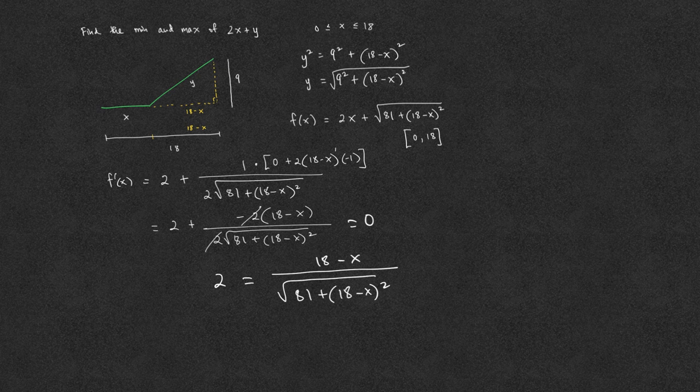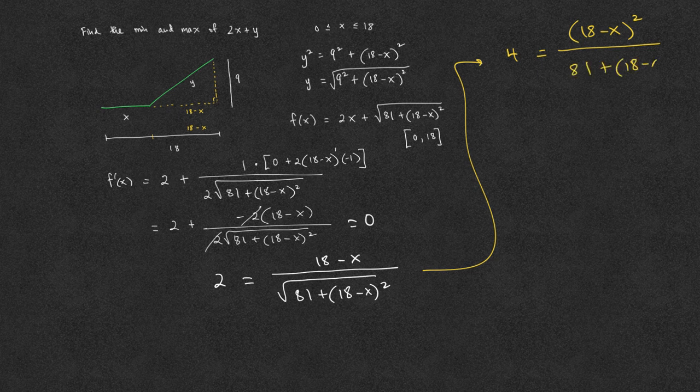We then square both sides of the equation to get 4 equals (18 minus x) squared over 81 plus (18 minus x) squared, where the square root and the square cancel out. We then cross multiply to get 4 times (81 plus (18 minus x) squared) equals (18 minus x) squared.